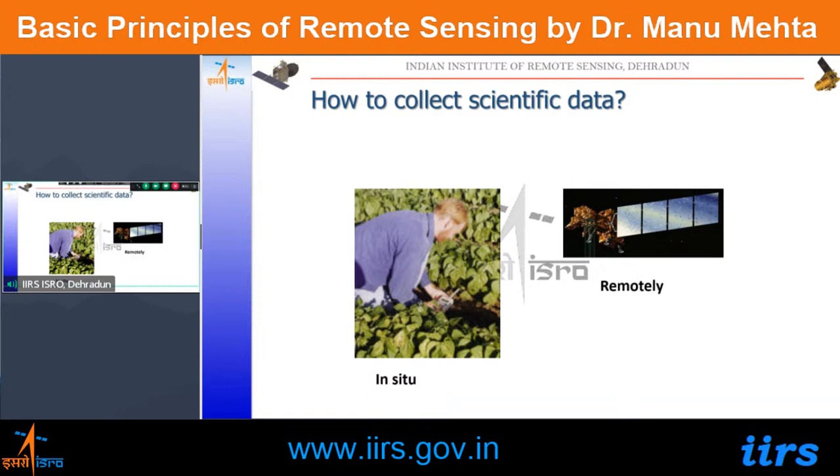The other method is without going to the actual phenomena of occurrence or the actual targets, we remotely sense the information and then do the further analysis. So these two types of information modes are available to us: in situ measurements and remotely sensed data.